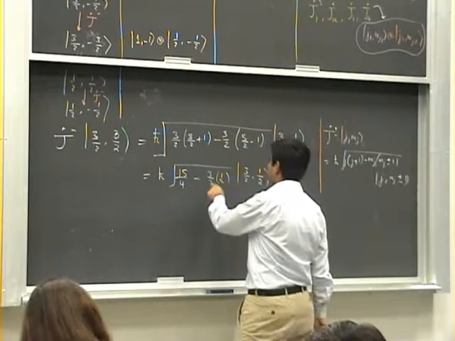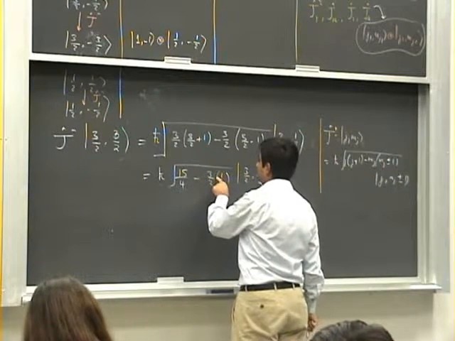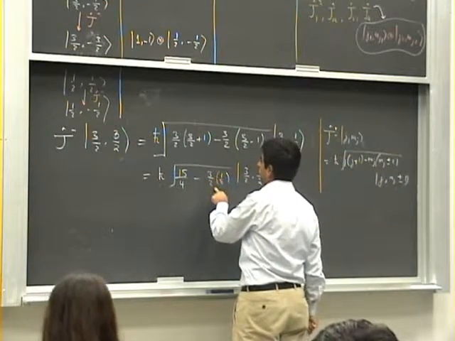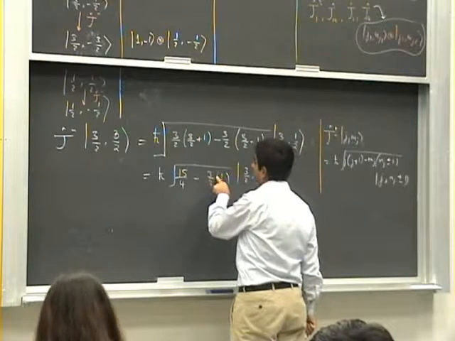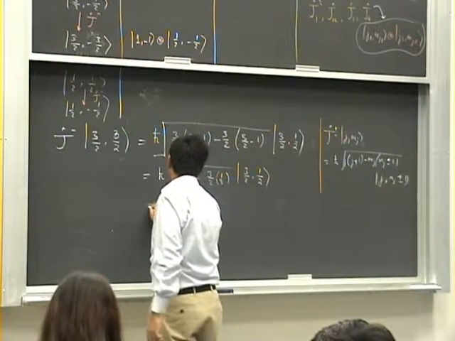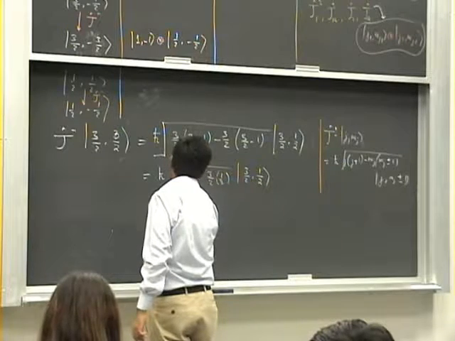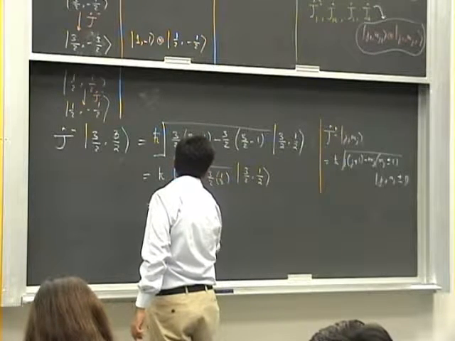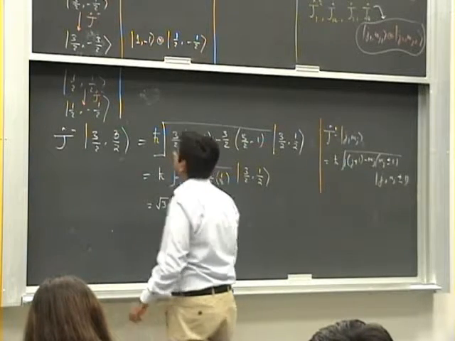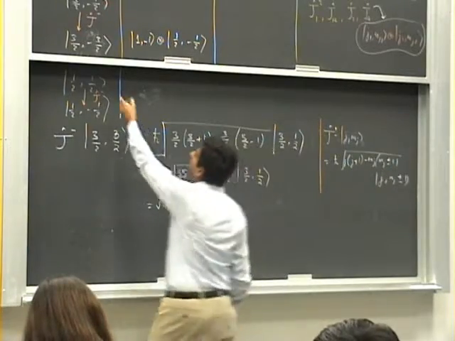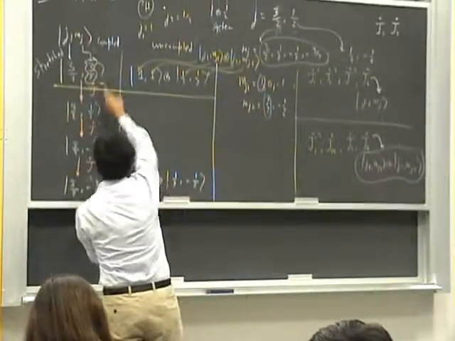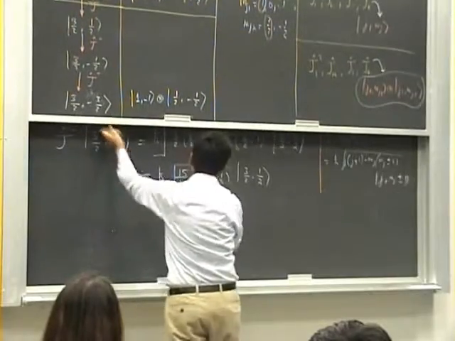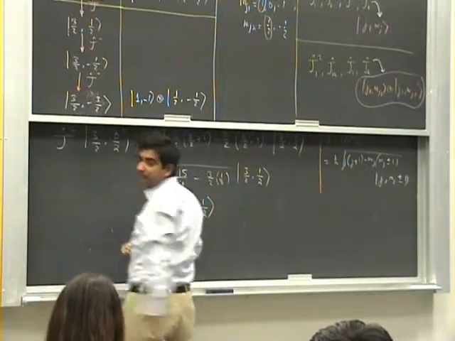So this is 15 minus 3, 12 over 4, which is root 3, H bar, 3/2, 1/2. So I made the J minus operator act on this state and I have received a state that is proportional to what I would like to achieve.